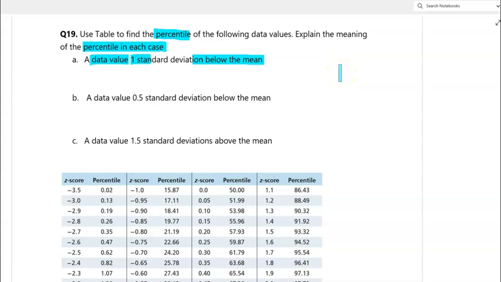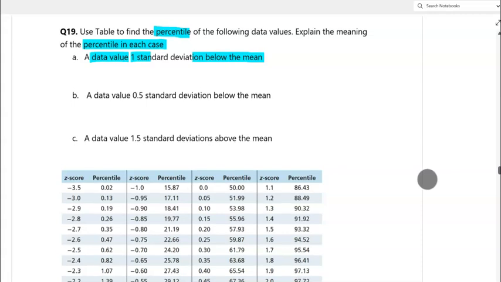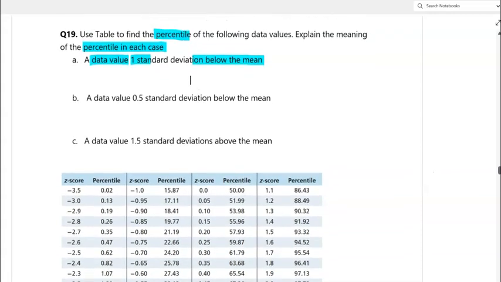To find the percentile, you have to find this 1 on the z-score. This 1 represents the z-score. So you look for the z-score and find the percentile, which is a percentage.